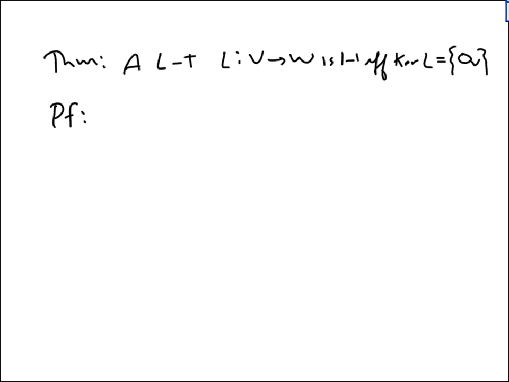Proof. Suppose L is 1 to 1. So we're assuming 1 to 1. I want to show that the only element in the kernel is in fact the 0 vector.